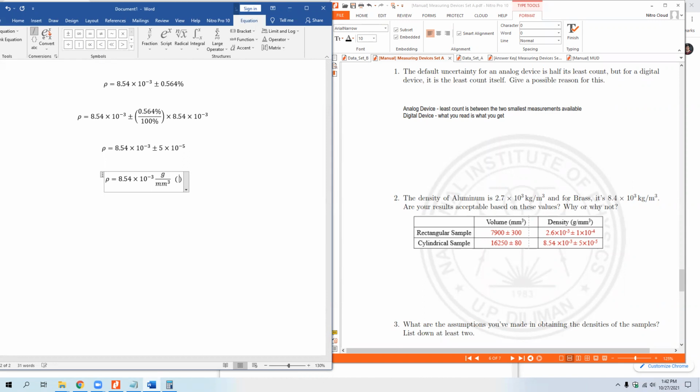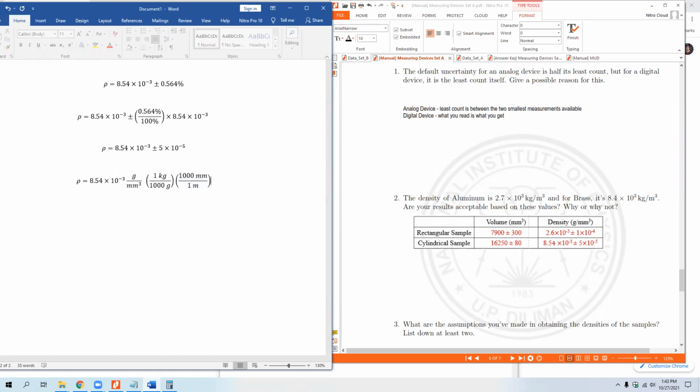So this is grams per cubic millimeter. Okay, how do we convert this? Unit conversion, if you remember from your Physics 71. So no problem here, this will just cancel, right? But for your cubic millimeter, you actually have to convert each millimeter. So you convert your millimeters 3 times. That's actually 1,000 millimeters over 1 meter. So you do this conversion 3 times.